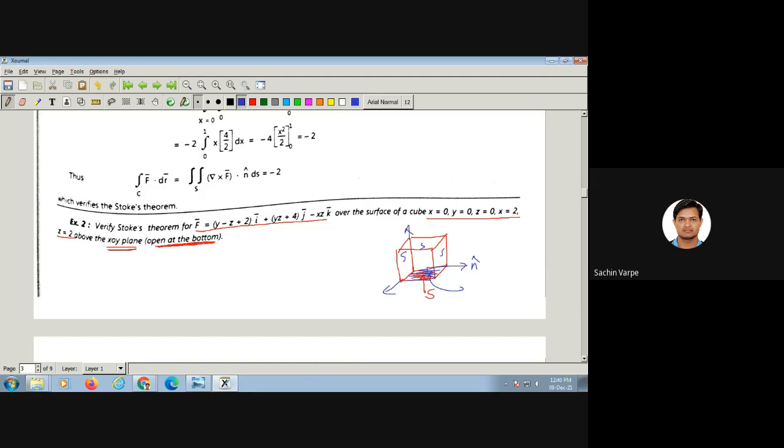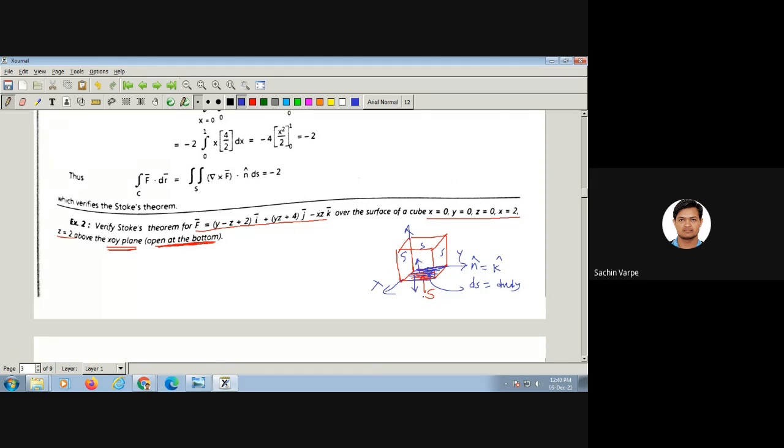This is the only surface. So with respect to that surface only, we will get our n cap, which is in the direction of z axis, that is k cap. And the area element ds, with this x axis and this y axis, is dx dy. So we don't need to get confused about whether to consider n cap to be minus k cap or plus k cap.